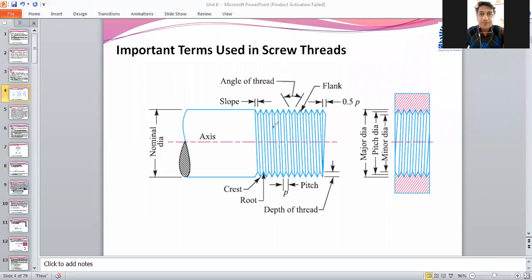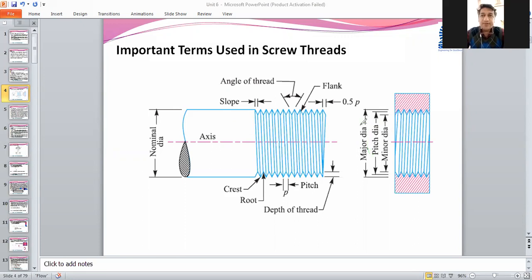First thing which we should know is the pitch diameter, based on which we are going to design all these bolted joints, and this fastener is known by means of this diameter that you are going to call a pitch diameter, or sometimes a mean diameter. This mean diameter is based on the major and minor diameter of that particular thread. Here you can see major and minor diameter.